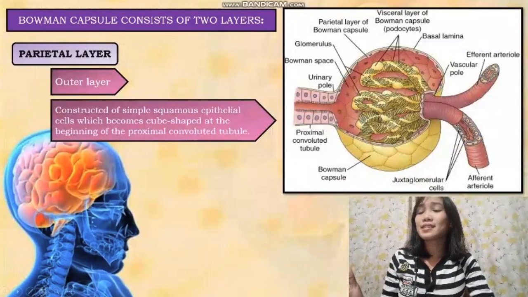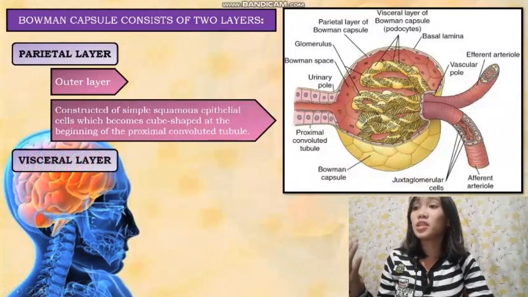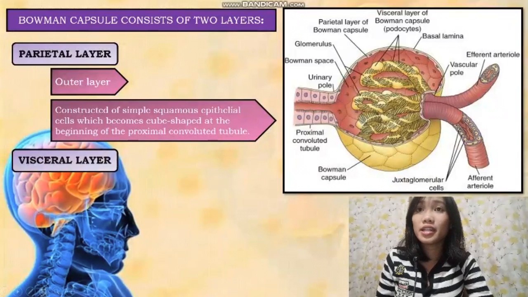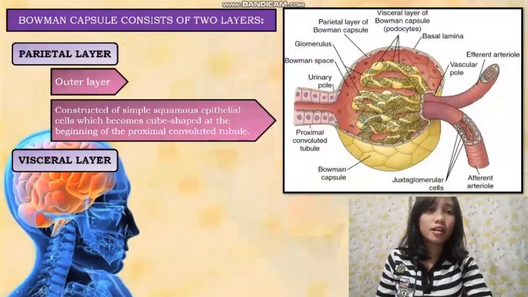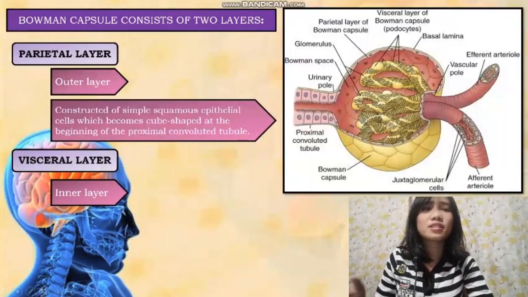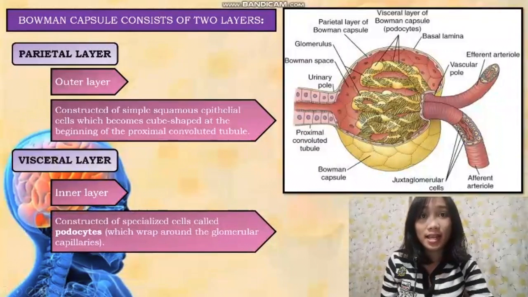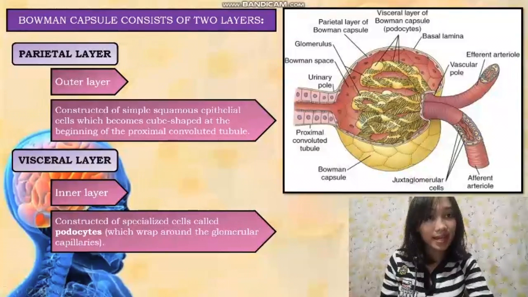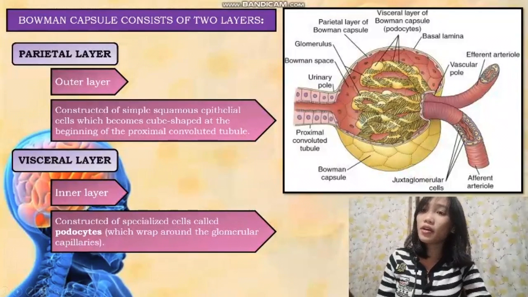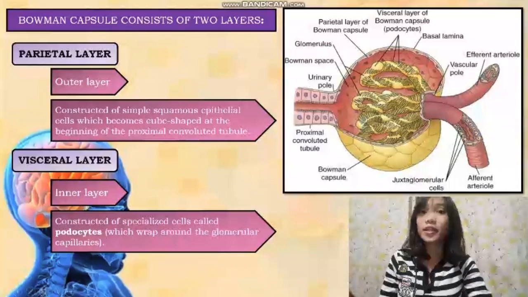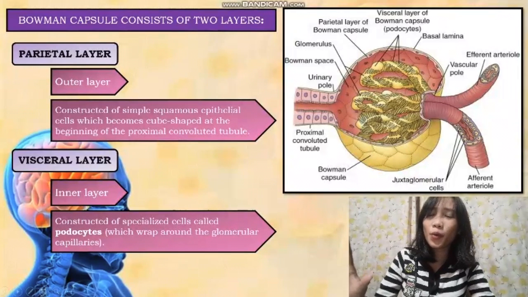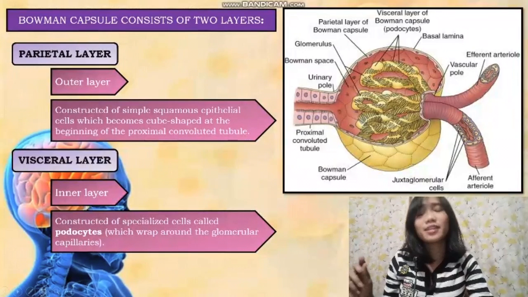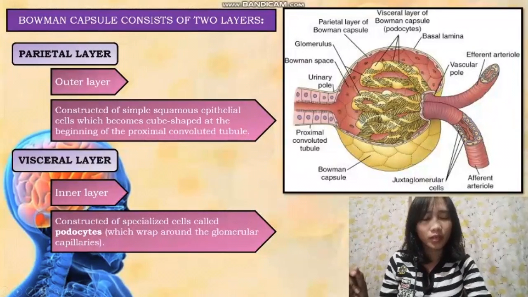The next layer is the visceral layer, the inner layer of the Bowman capsule, constructed of specialized cells called podocytes that wrap around the glomerular capillaries. This yellow portion here is the podocytes, and inside it are the glomerular capillaries.